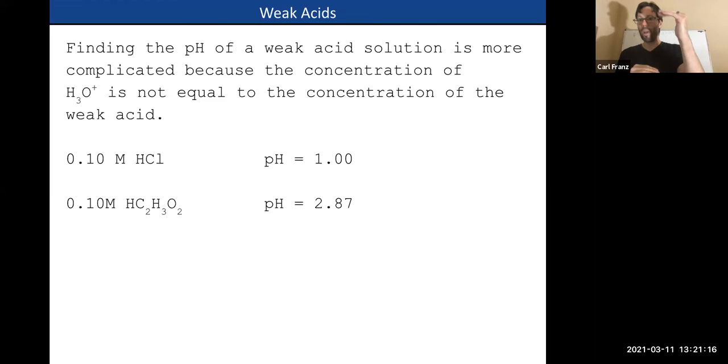And in that weak acid category, there's a range, right? There's the stronger of the weak acids and the weakest of the weak acids. What makes them stronger or weaker is the degree to which they hang on to their hydrogen atoms. So we can't just take the negative log of the concentration.